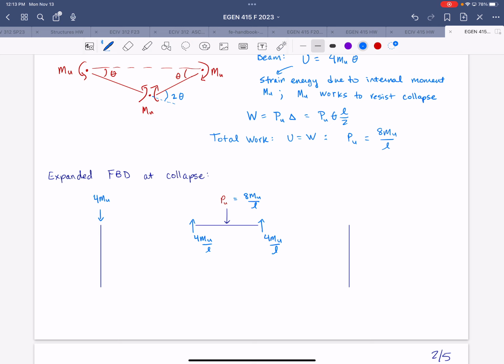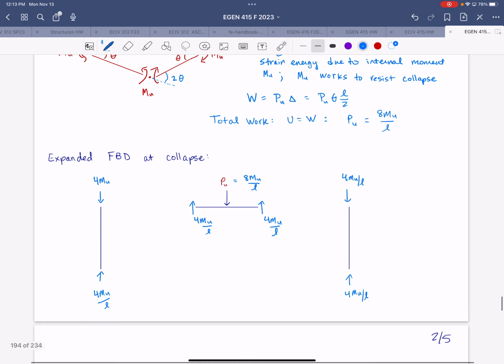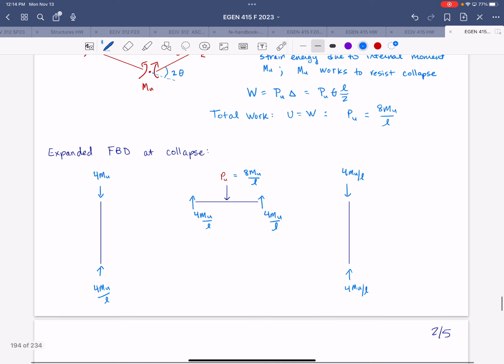So that will transfer to the column. And then in order for equilibrium to be satisfied, we would have moments and horizontal forces as well.